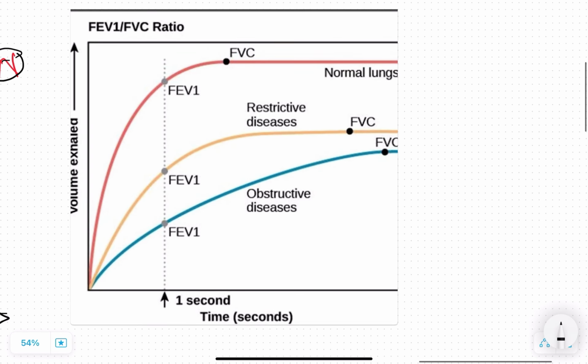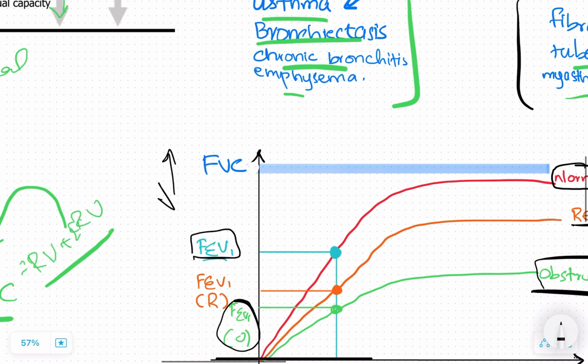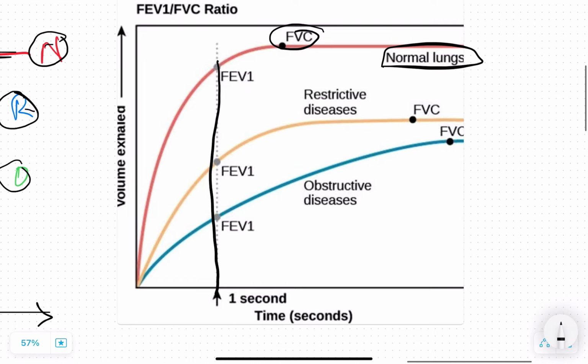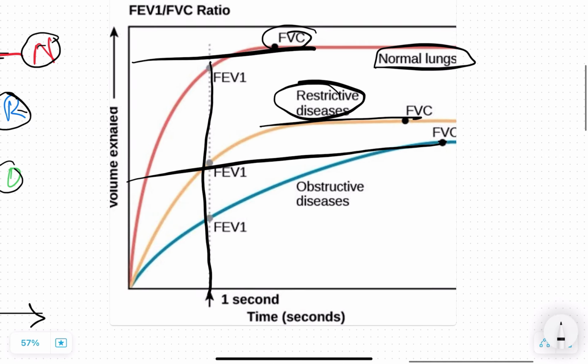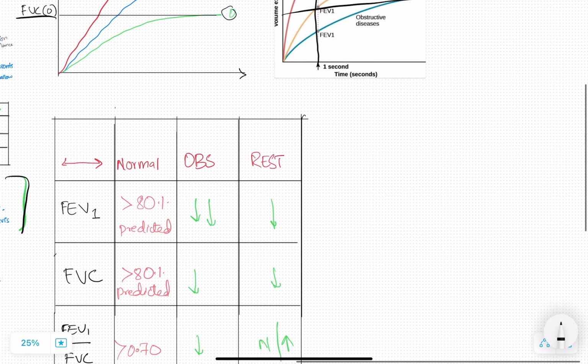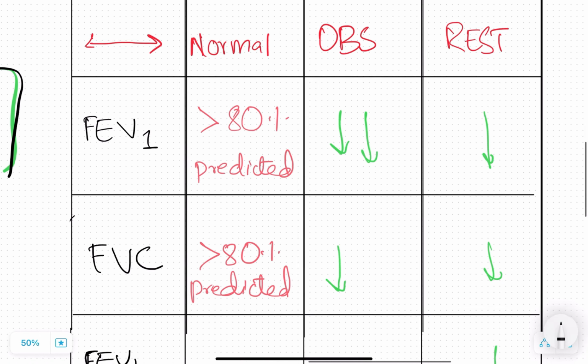Now, this graph shows the normal lungs, and this is the value of the FEV1. All right, now this was the value of FEV1 in the patient in the other graph, and this is the forced vital capacity. The forced vital capacity decreases in the restrictive diseases, but is the least in the patient with obstructive lung diseases. I think we can very easily explain this in the context of the earlier explanations.